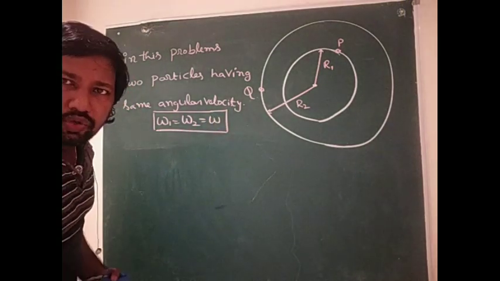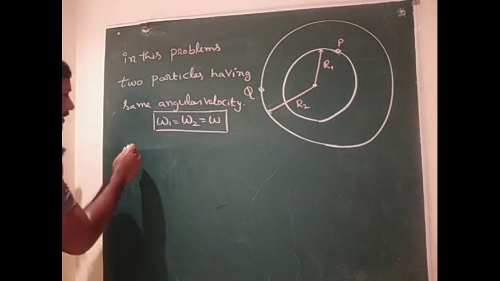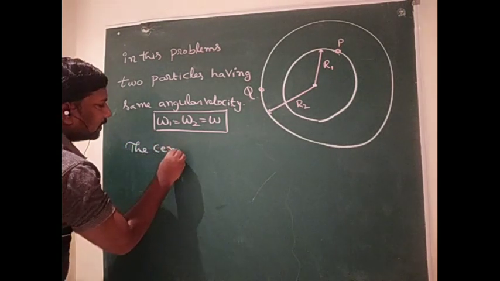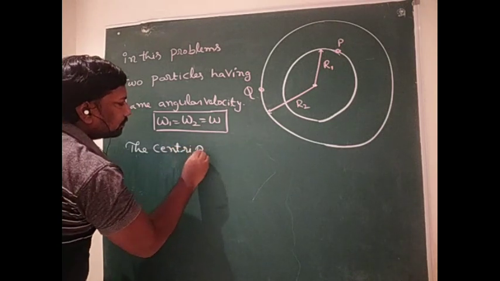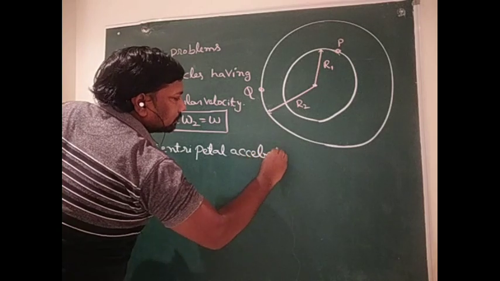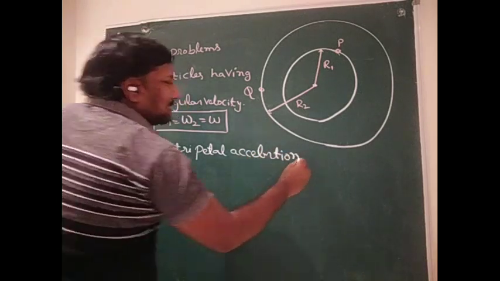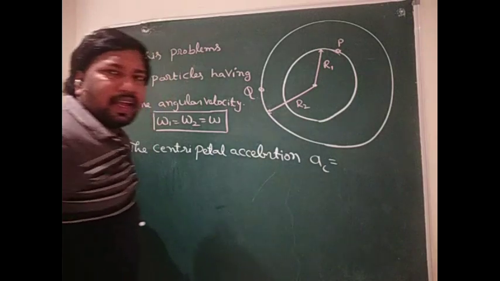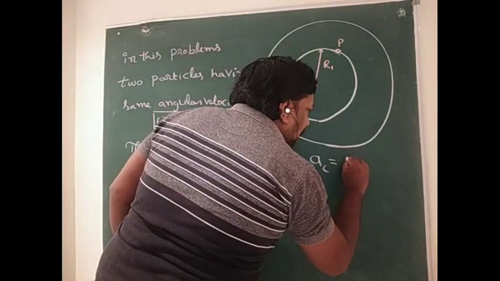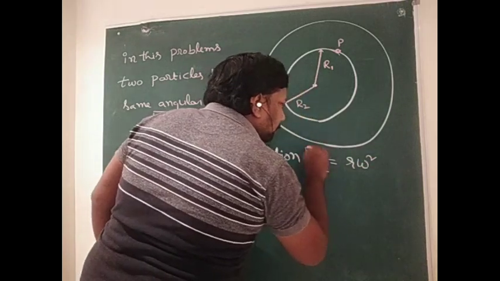In this situation, we know that centripetal acceleration AC equals R omega square.